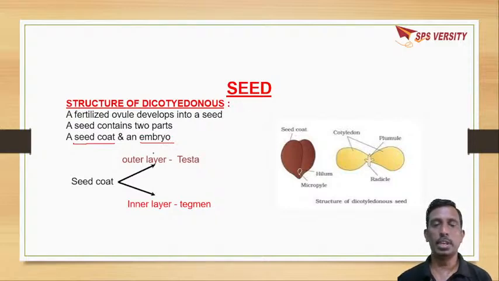The seed coat has two layers. The outer layer is called testa. The inner layer is called tegmen. Okay. A seed coat, testa, tegmen. And this is a scar-like structure which is called hilum, and a small opening, the micropyle.